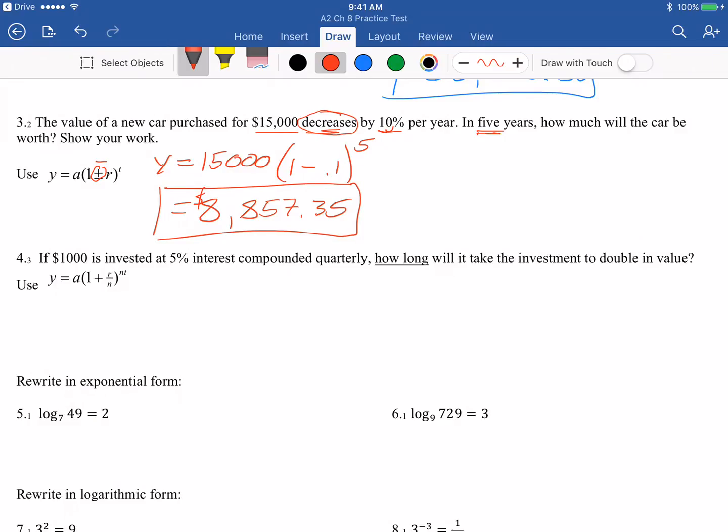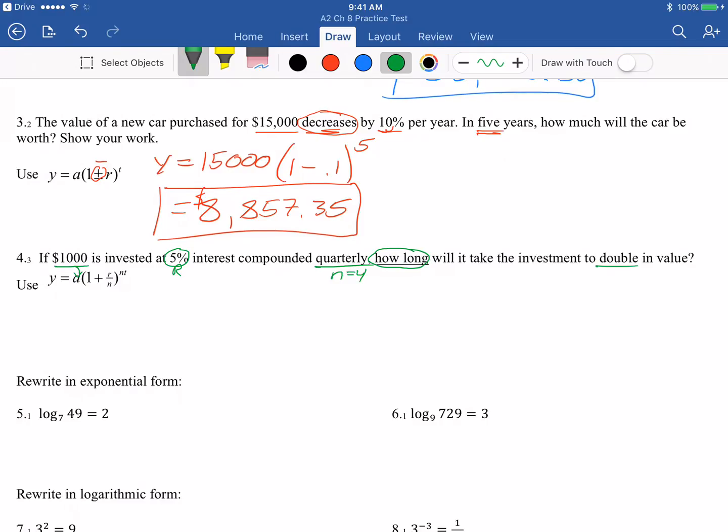Alright, number 4 I would say is probably one of the tougher questions on the test here. So it says that you invest $1,000, that's going to be my A, alright, at 5%, that's my R. Compounded quarterly, that's N equals 4. And then it asks how long will it take for your investment to double in value.